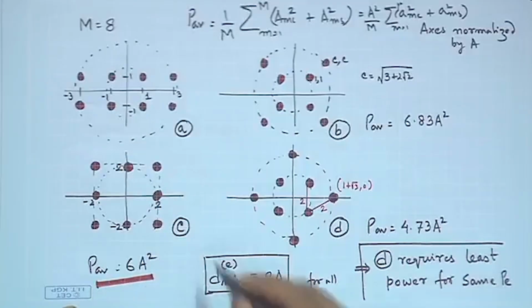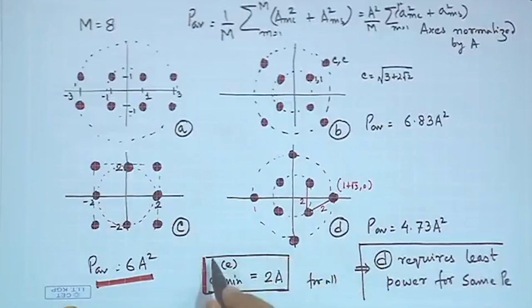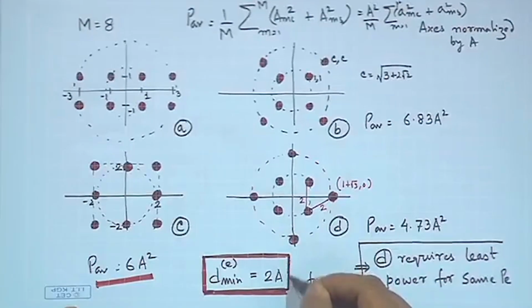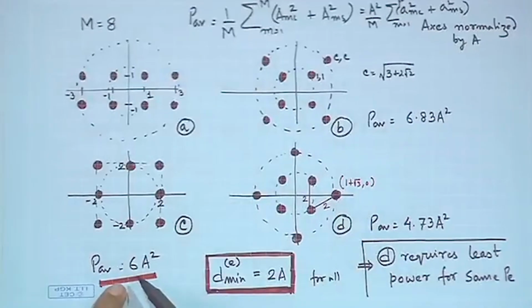We have also maintained the d min as 2a, just like the previous constellation for m equals 4, so that all the constellations have the same probability of error, right. So, these constellations have a certain average power.